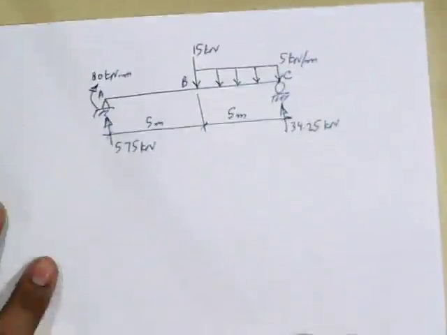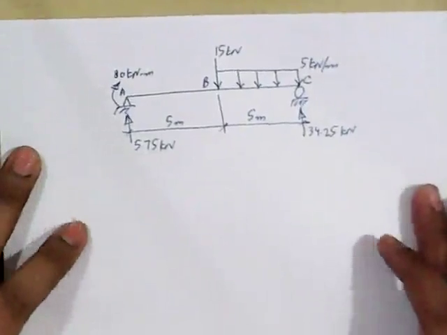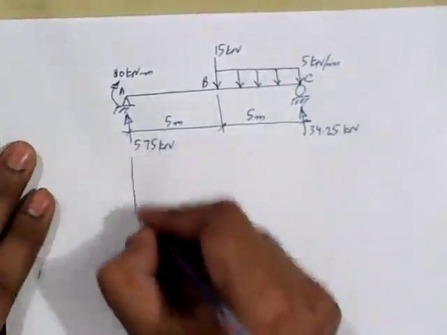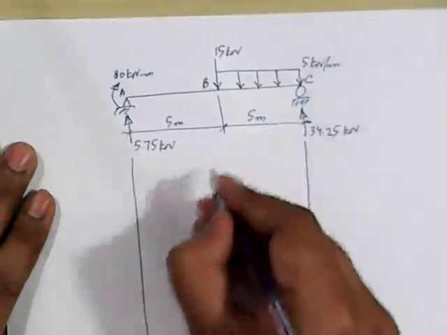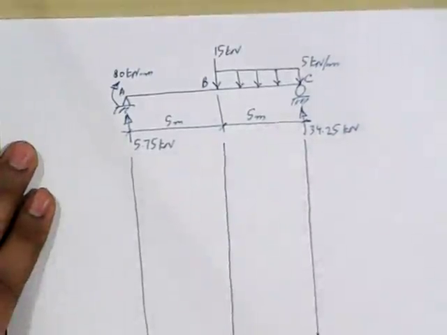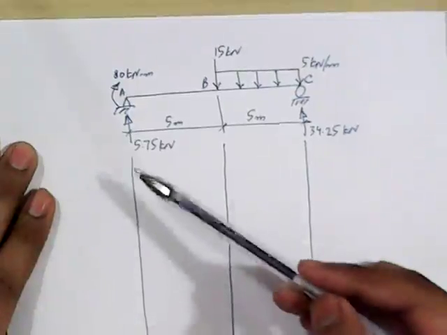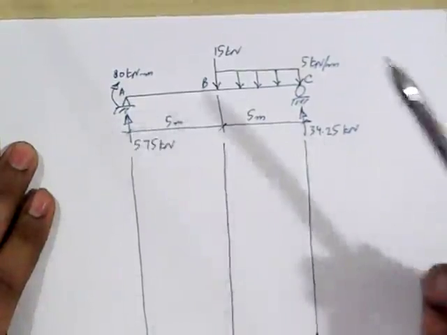Now, in order to draw a shear force diagram and bending moment diagram, we need to draw some guidelines. We need a guideline at every location where we expect some variation in shear force and bending moment. So we expect variation at the support, at all the points actually, A, B, and C.